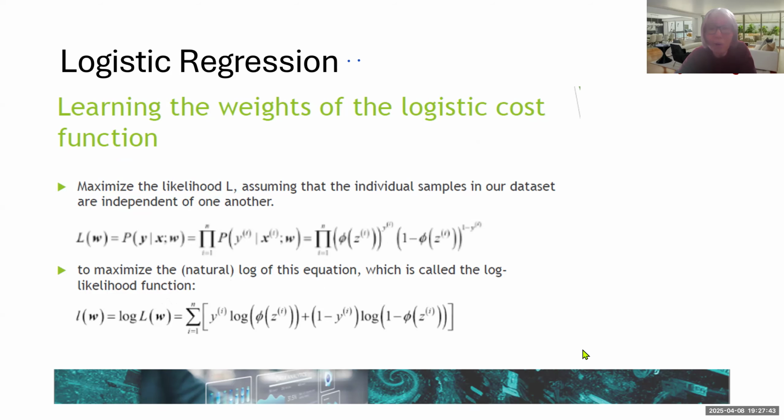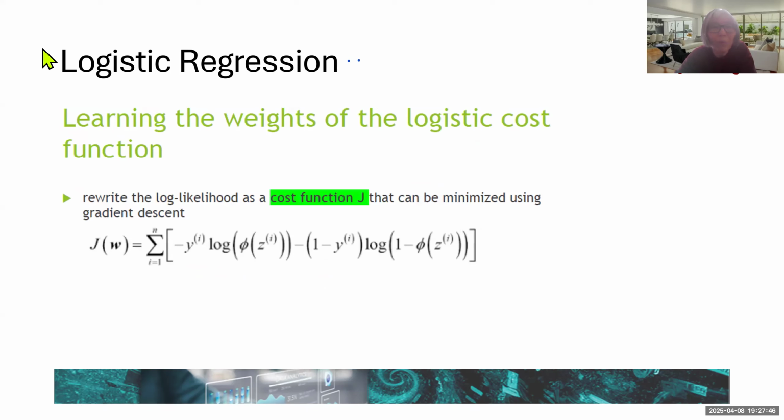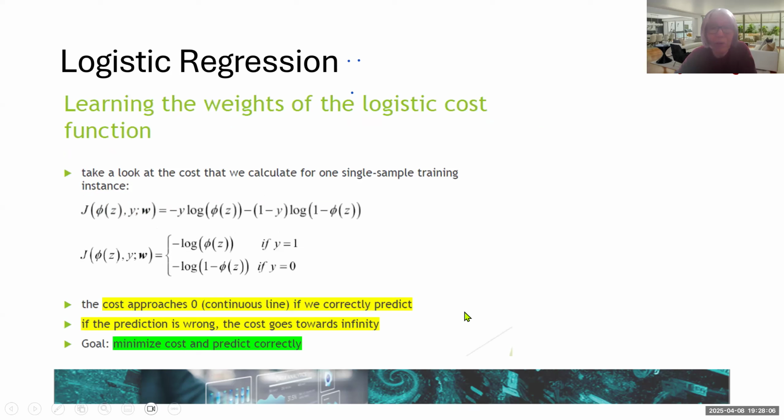And then for logistic regression, the cost function is defined like this. So this is the cost function for logistic regression. Because logistic regression is classification, the dependent variable y, or the target, is either 0 or 1.